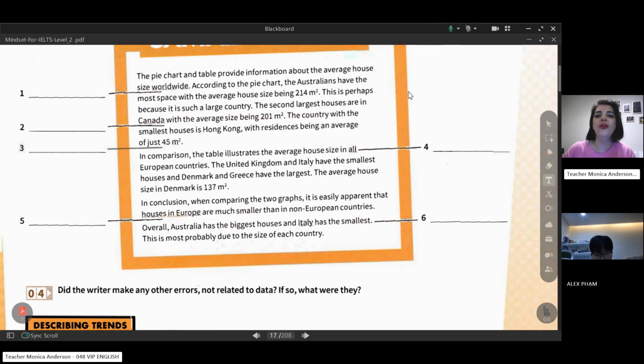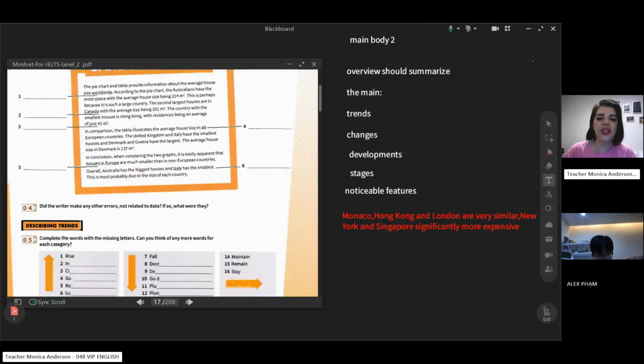Okay, so let me write different words that you can use. So the first one, overall, and the most common, overall, or in summary. Or for example, you can say in brief.